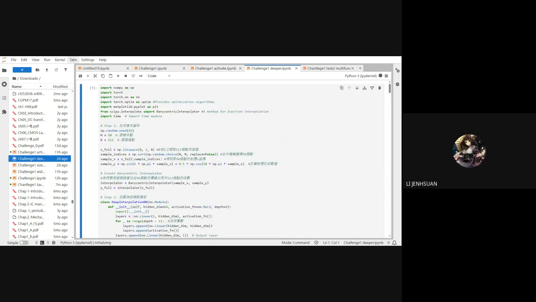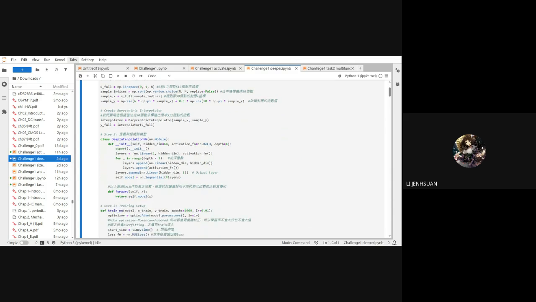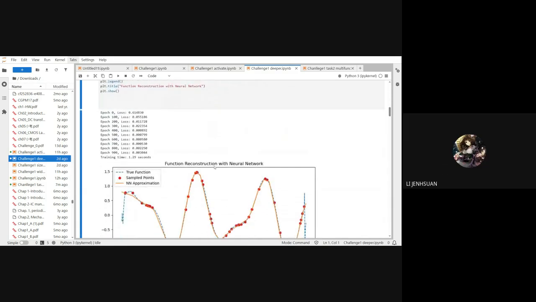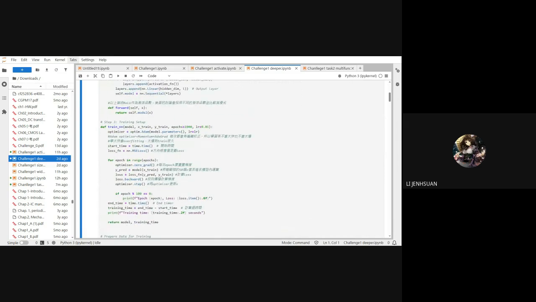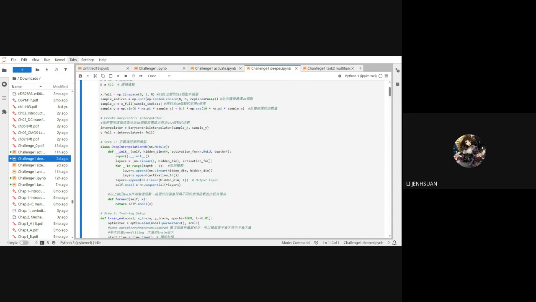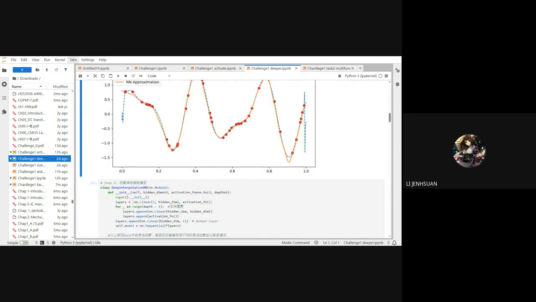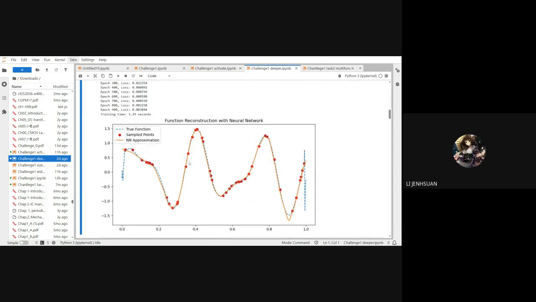So another change is the depth of the hidden layer. This part is the deepened hidden layer I added, and you can see that it fits the true function pretty well.